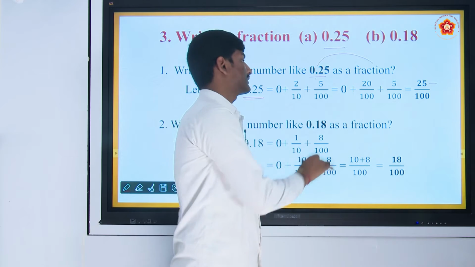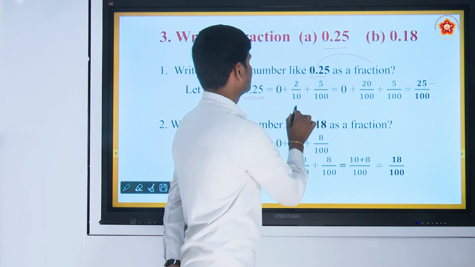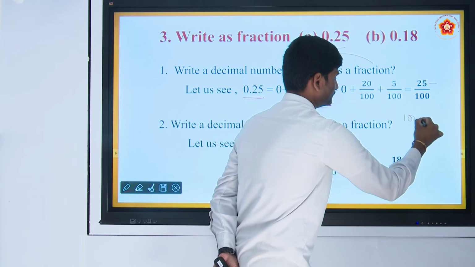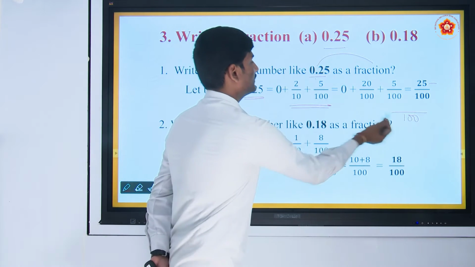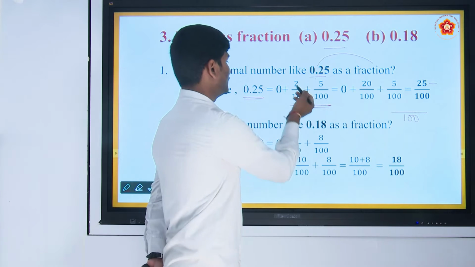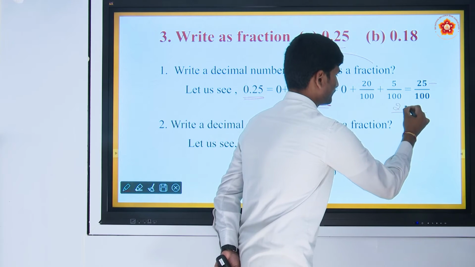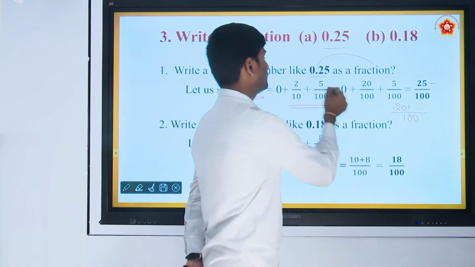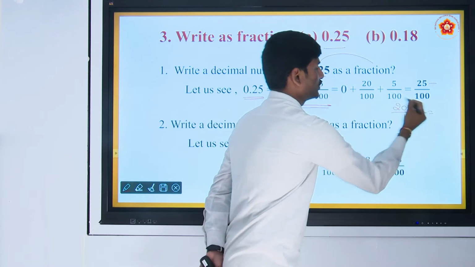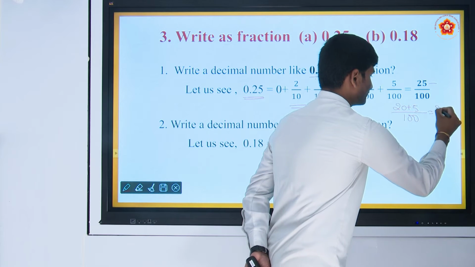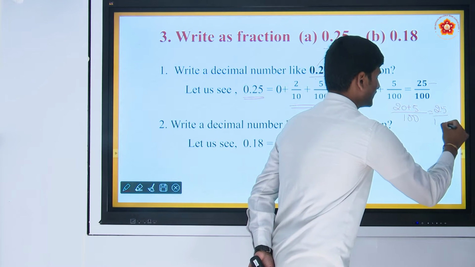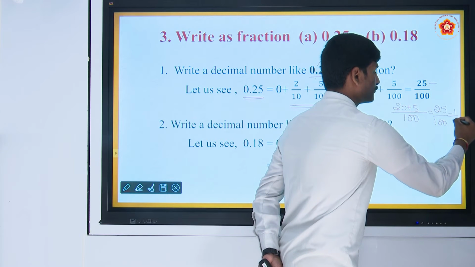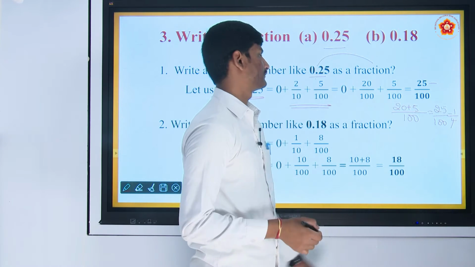It can be written by another method. We take the LCM of 10 and 100. LCM is 100. 100 divided by 10 is 10, 10 into 2 is 20, plus 100 divided by 100 is one time, 1 into 5 is 5. So 20 plus 5 means 25. 25 divided by 100 is simplified: 25 ones are 25, 25 fours are 100, so 1 by 4.